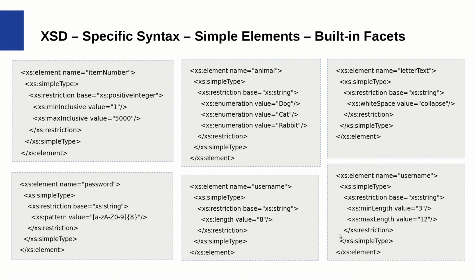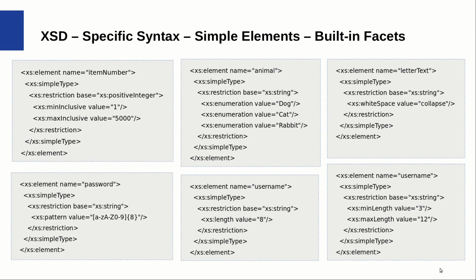The content value for this username element may be a string with a number of chars from 3 to 12. So any string with 3 to 12 chars will be accepted as the value content for this username element.